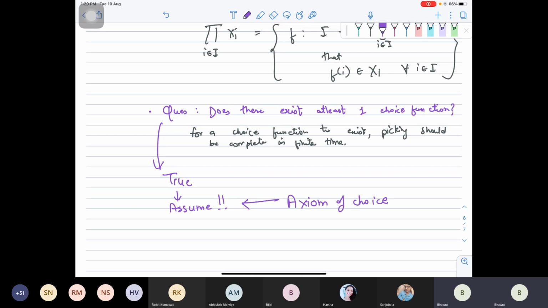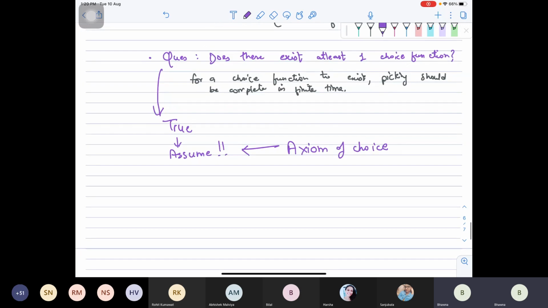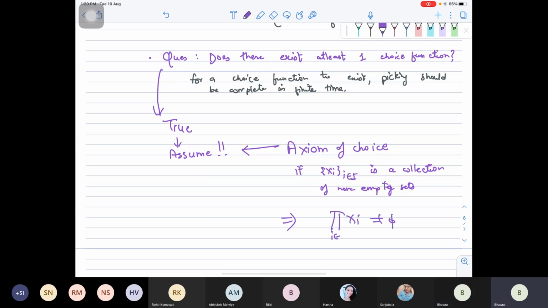The axiom of choice means there always exists a choice function for a non-empty collection of sets. That means if xi, i belongs to I, is a collection of non-empty sets, this implies the product of xi is non-empty. This is called the axiom of choice.